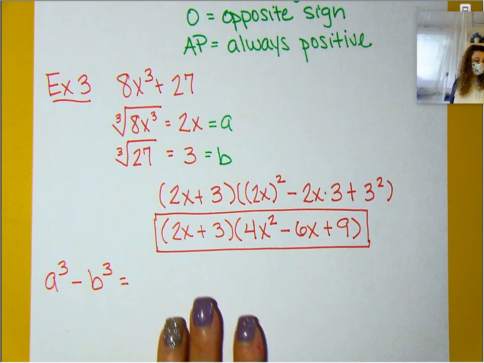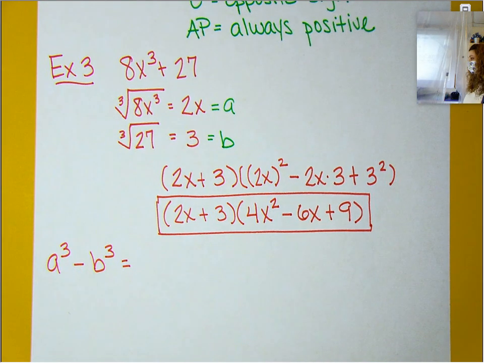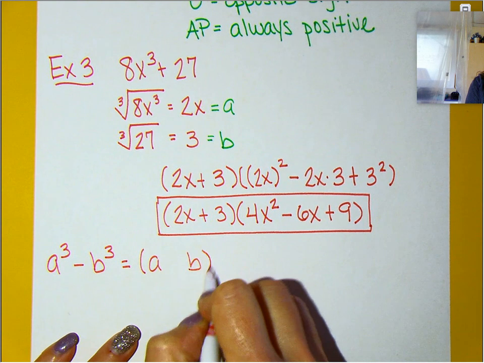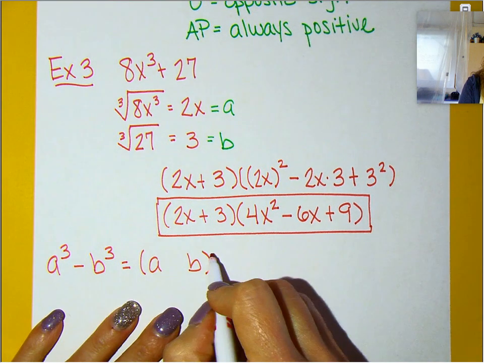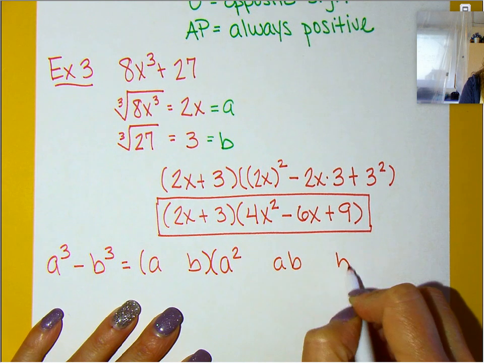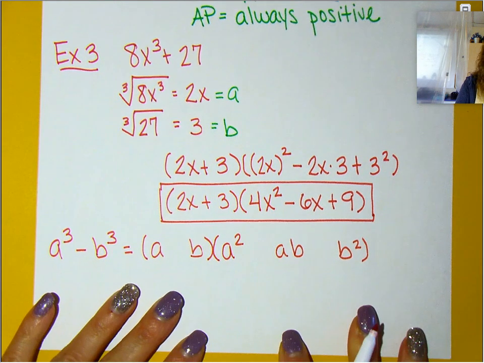Okay, so the difference of cubes is the exact same pattern, only you have to use SOAP for the signs. So the pattern is still a and b, and then a squared, ab, b squared. Same pattern.